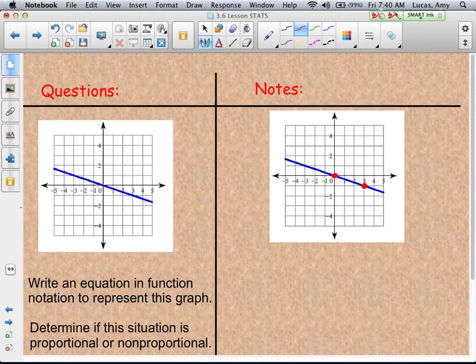So my slope on this problem, rise, I'm going to have to go down 1, and then run 3. So f of x equals -1 over 3x, -1/3 is my slope. My intercept, this line goes through the y-axis at 0, so I don't have to write my intercept. So that means if it's 0, a line through the origin, it's proportional.